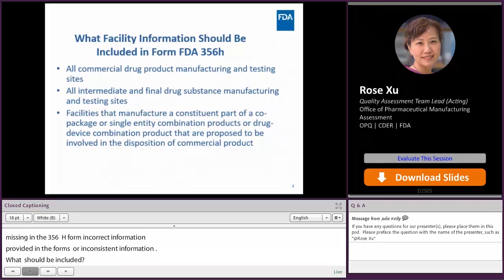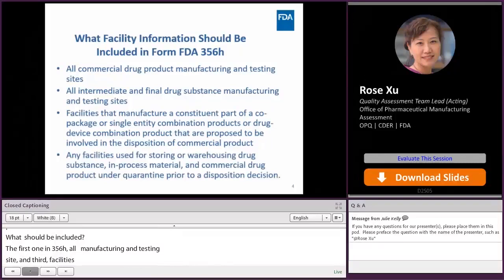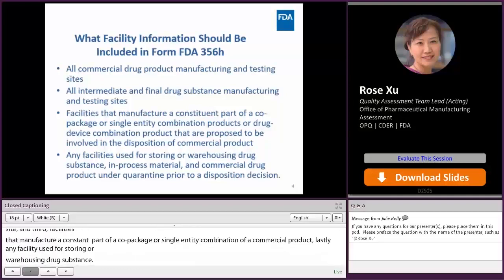Third is facilities that manufacture a constituent part of a co-packaged or single-entity combination product or drug-device combination product that are proposed to be involved in the disposition of a commercial product. Lastly, any facilities used for storing or warehousing drug substance, in-process material, and commercial drug product in quarantine prior to a disposition decision. I will go through each category one by one in the next few slides.